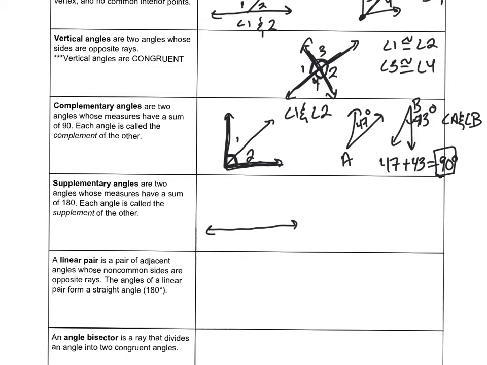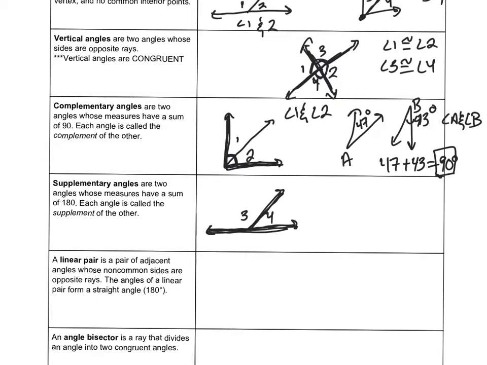Now I'm going to draw a ray, and we'll call these angles 3 and 4. If we were to add angle 3 and angle 4 together, we would get 180. That's what we've been doing in 1.4 with the angle addition postulate. So two angles added together that give me 180.